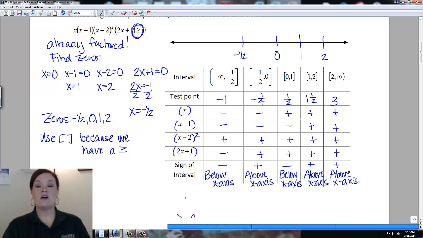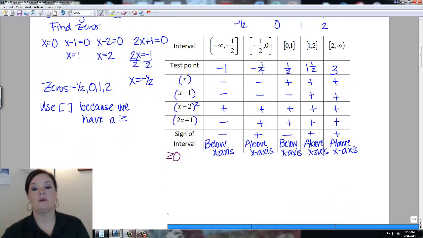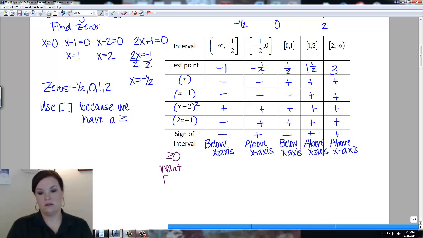Okay, so now that I know where my y's are located for each interval, above or below, I have to determine my solution. So again, I look back at my symbol, which here is a greater than or equal to. Greater than or equal to tells me that I want the positive intervals.